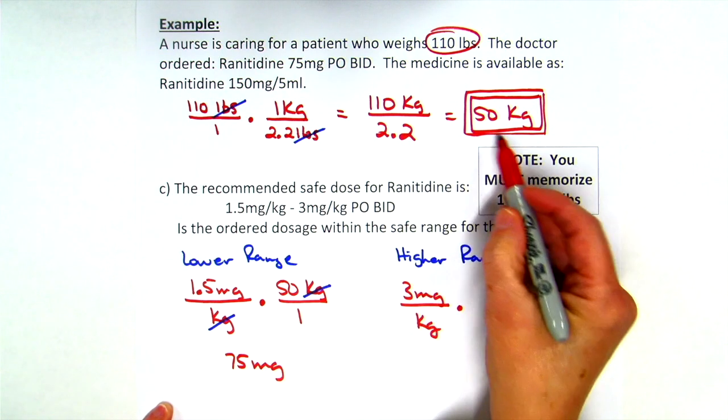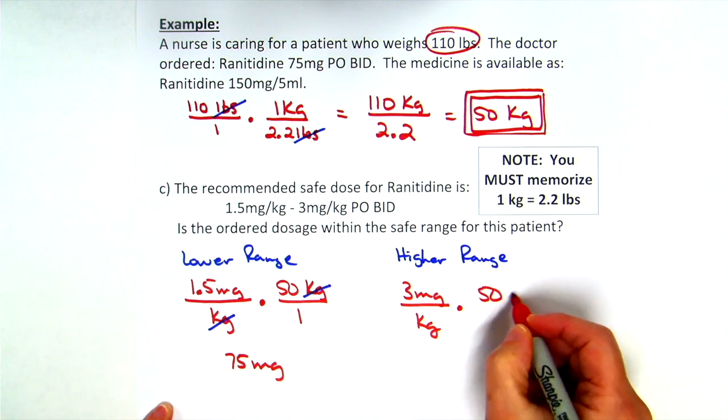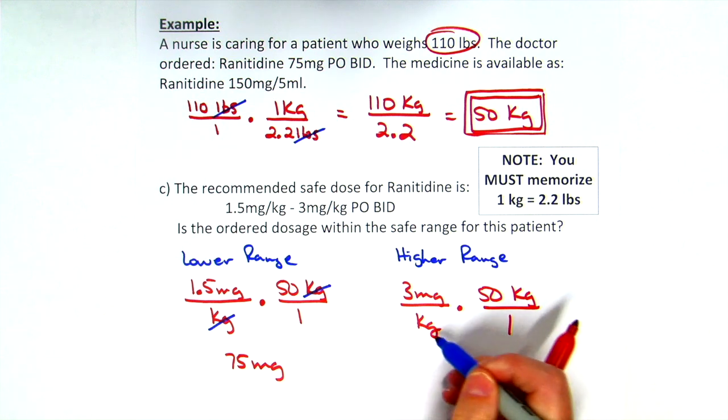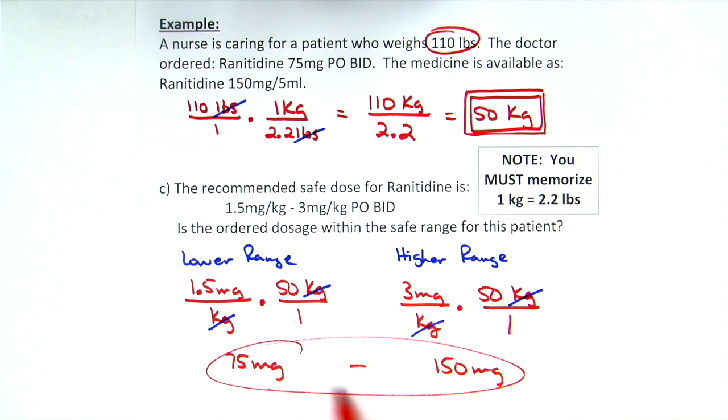I'm going to multiply it by the 50 kilograms so that my kilograms cross out. So 50 kilograms over 1. I've got kilograms on the bottom, kilograms on the top. That's going to cross out. I'm going to multiply straight across the top. 3 times 50 is going to be 150. The only label there is milligrams. So my range is between 75 milligrams and 150 milligrams is the safe dosage.